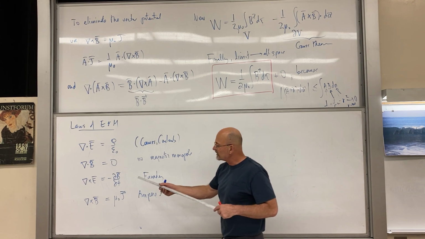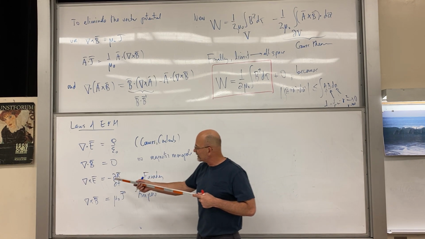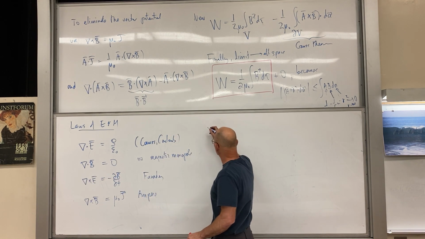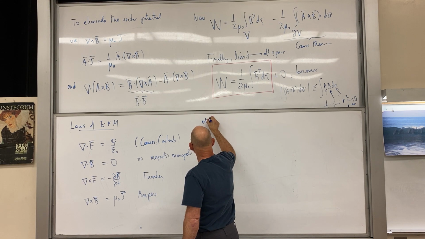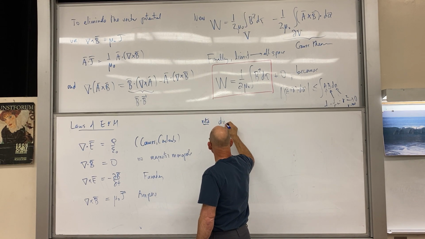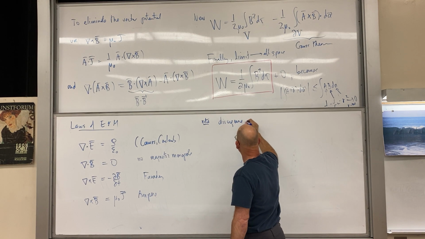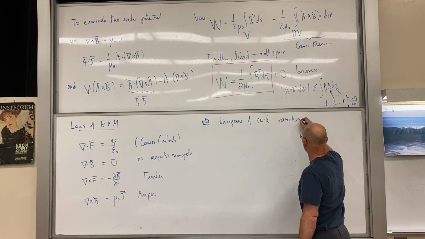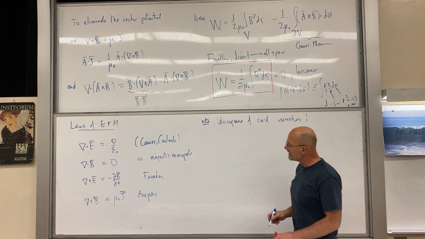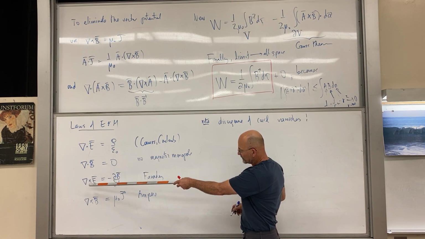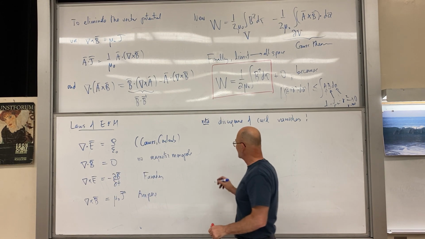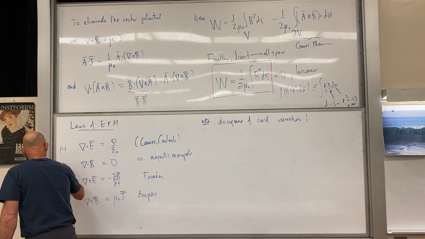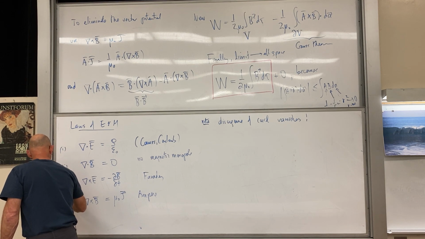Now, it's just a fact of vector calculus that the divergence of a curl vanishes identically. So note here, divergence of a curl vanishes. Okay. So if we apply that to this third equation right here, I numbered these 1, 2, 3, and 4.